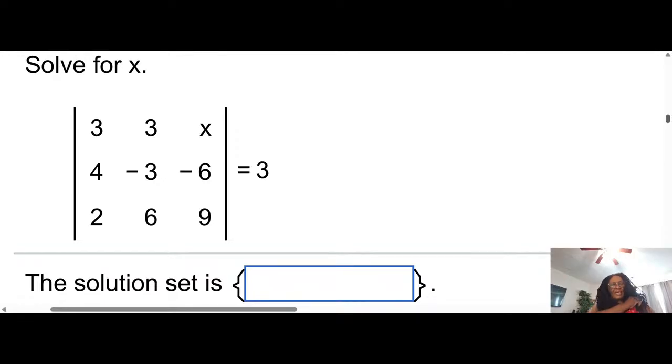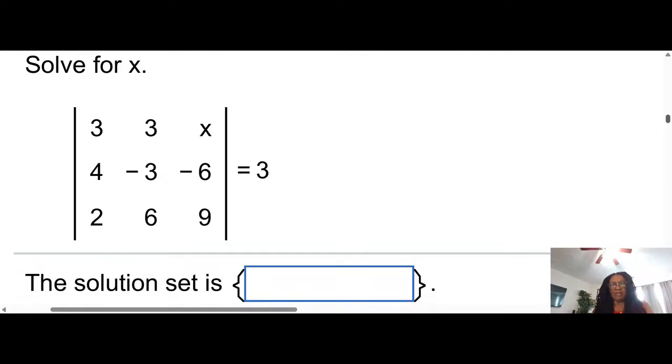But the fact is that we are allowed to use a TI-84 to evaluate a matrix, but your TI-84 or TI-83 may not be able to evaluate this matrix for you. Why? Because it contains a variable.